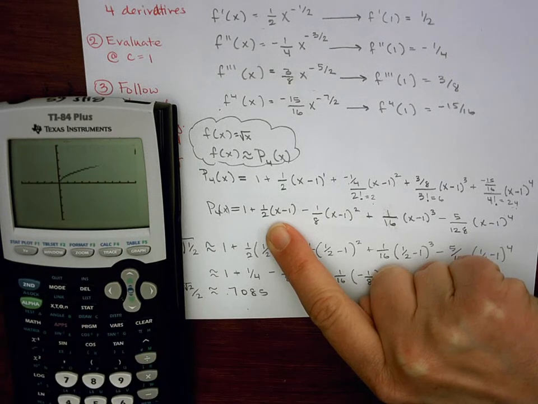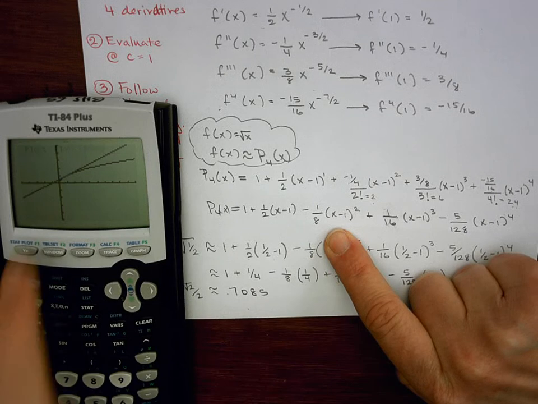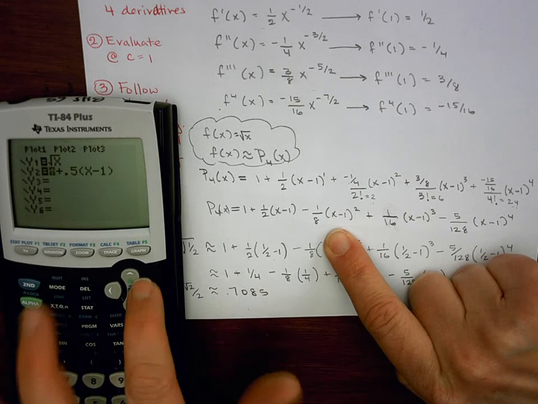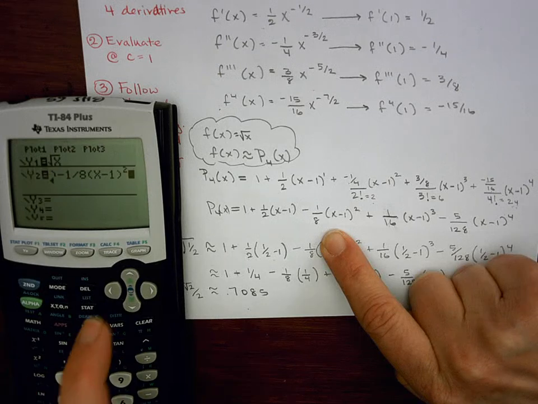So there's the square root of x, and here's my first two terms. So that's the linear approximation, and I'm centered at 1, so near 1, and that's not a very good approximation. So what if I add one more term here? So I'm going to go back to my y equals and add in this term. And then graph it again.